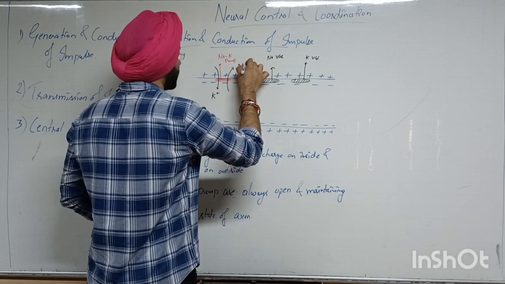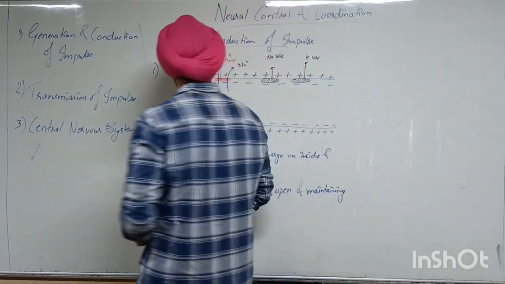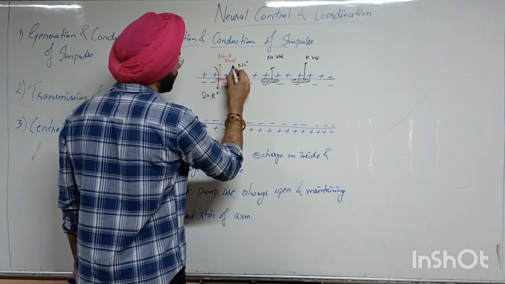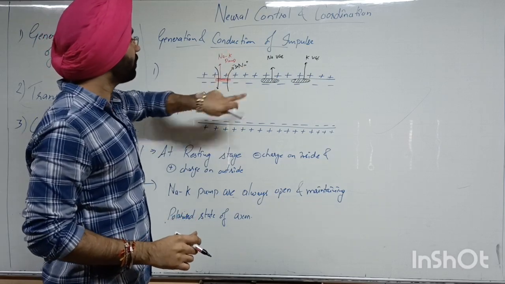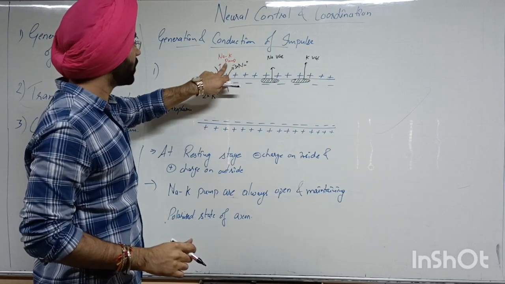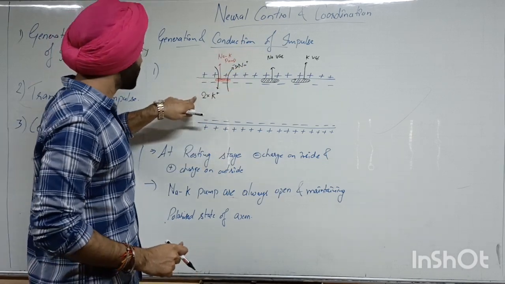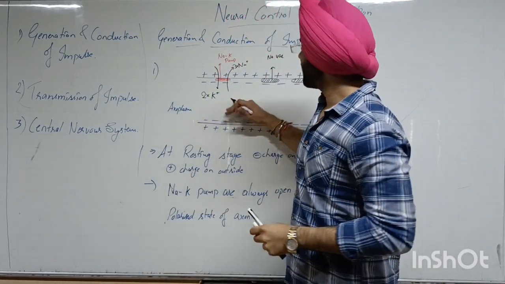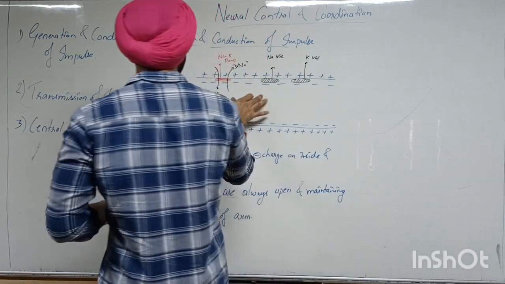So how is the charge maintained, because both ions are positive? The potassium ions are 2 in number and the sodium ions are 3 in number. So 3 sodium are outfluxed by the pump. 3 positive charges get outside and 2 positive charges get inside. So less positive is inside and more positive is outside, which is responsible for the negative charge inside.